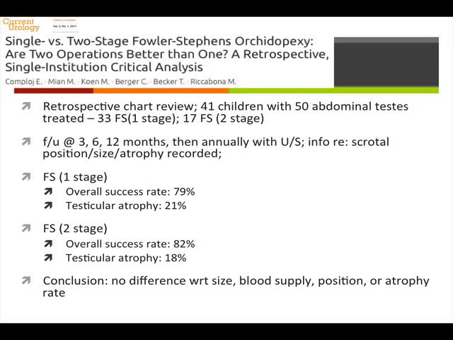In terms of a comparison between one-stage and two-stage, there doesn't really seem to be any true difference in the overall success rates and the rates of testicular atrophy, which is a complication of these procedures. This group came to the conclusion that there's no real difference in size, blood supply, position, or rate of atrophy for these testicles.